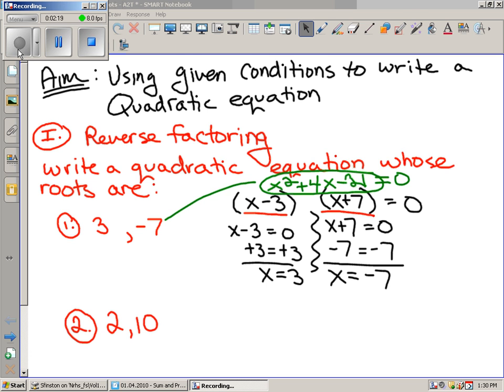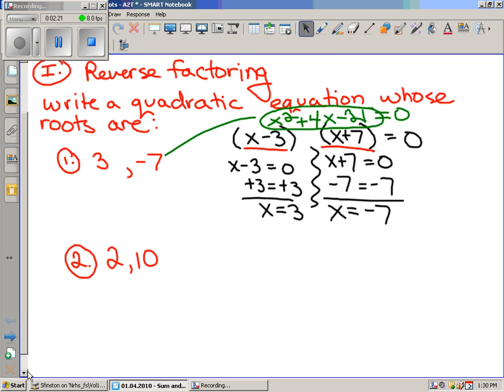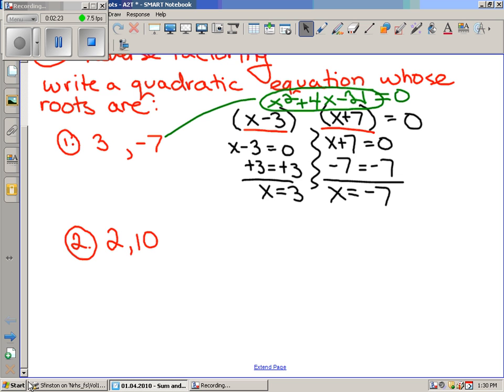Alicia, you're amazing, girl. Alicia said, for those of you that couldn't hear, you don't even have to do all that. There's a shortcut, and I don't think anybody else is going to do the long way going in reverse anymore. The shortcut is you just take the opposite of the roots and stick them in parentheses.